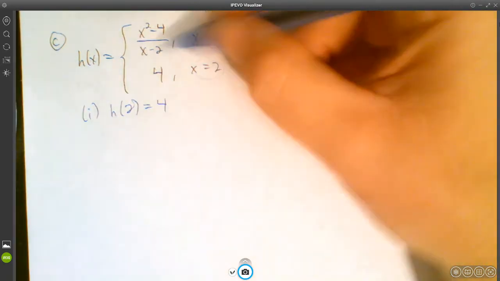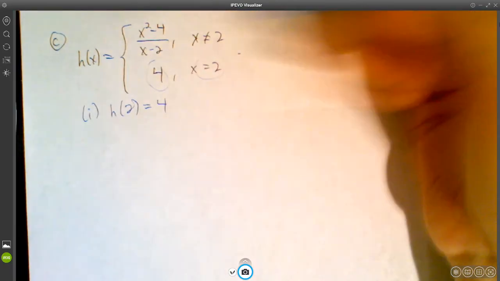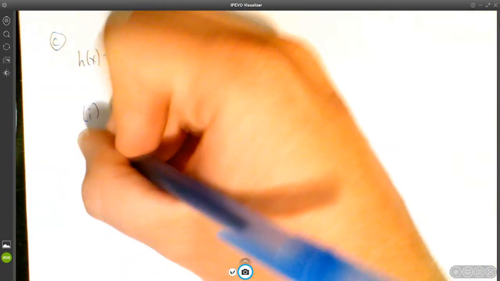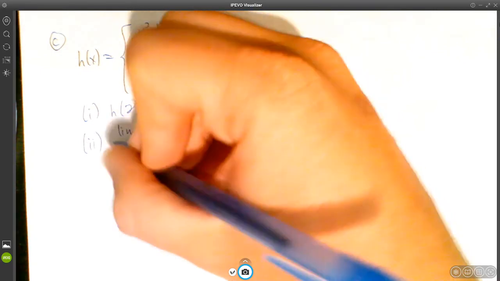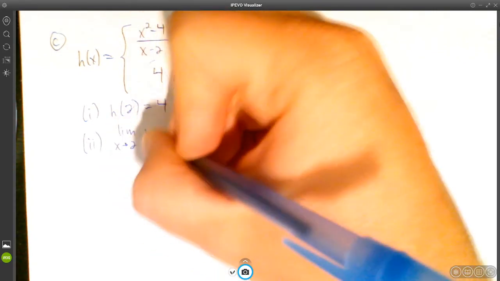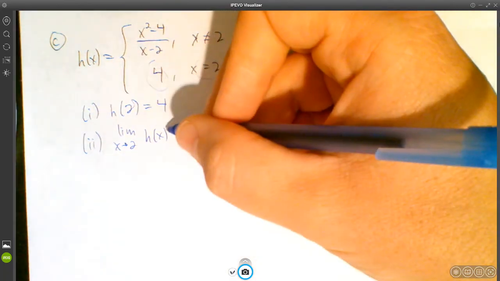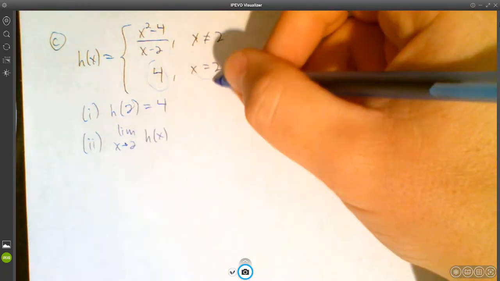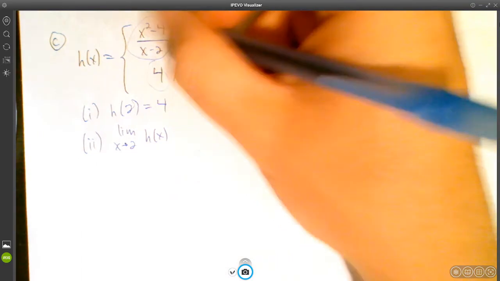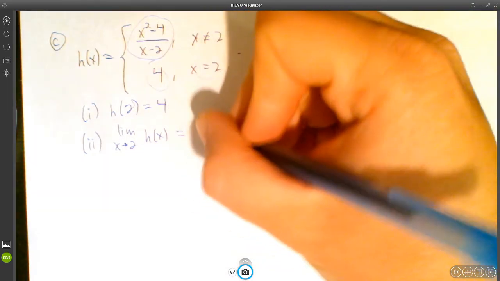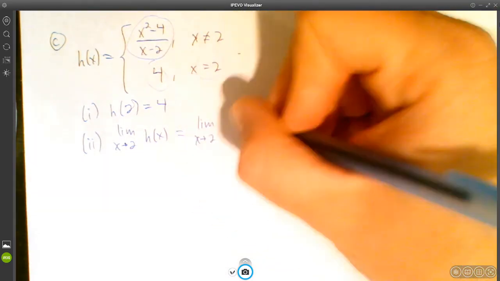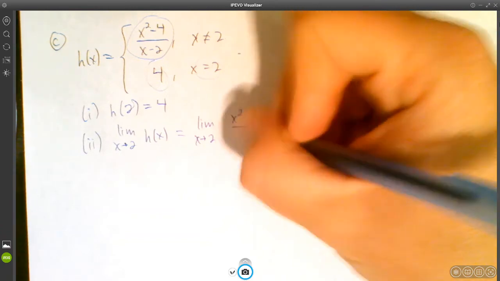When x equals 2, we use the bottom rule. What about the limit as x approaches 2 of h of x? Does that exist? Well, if x is not exactly equal to 2, then we would use the top rule. So this is the same thing as the limit as x approaches 2 of x squared minus 4 over x minus 2.